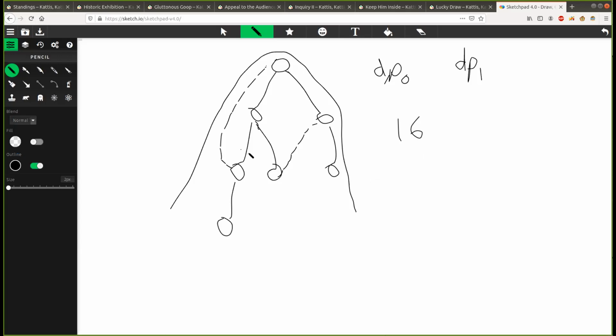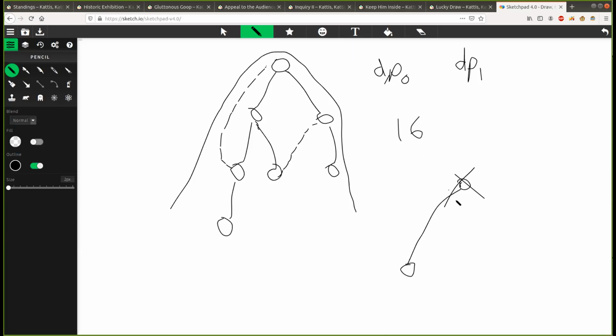So the next thing I realized was that if we have some extra edge, we know that both of these nodes cannot be in the independent set. Let's suppose that we know that this one is not in the independent set. We can try both possibilities and then see what the answer is for each case.